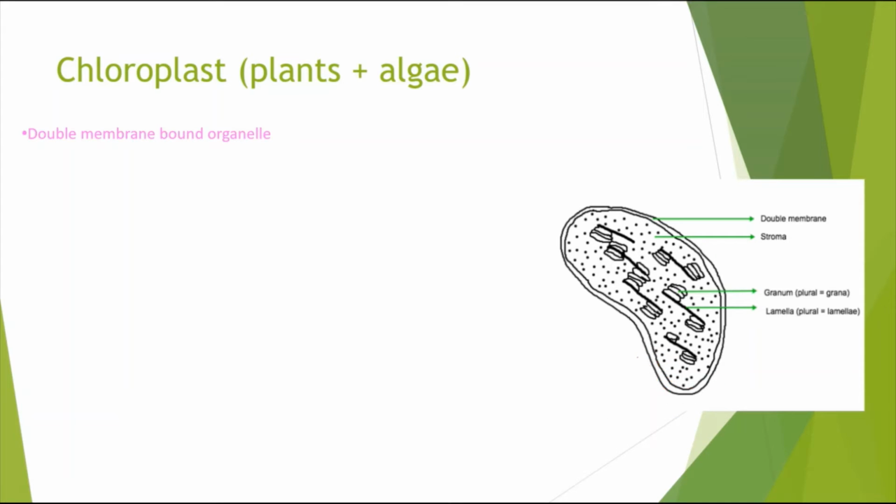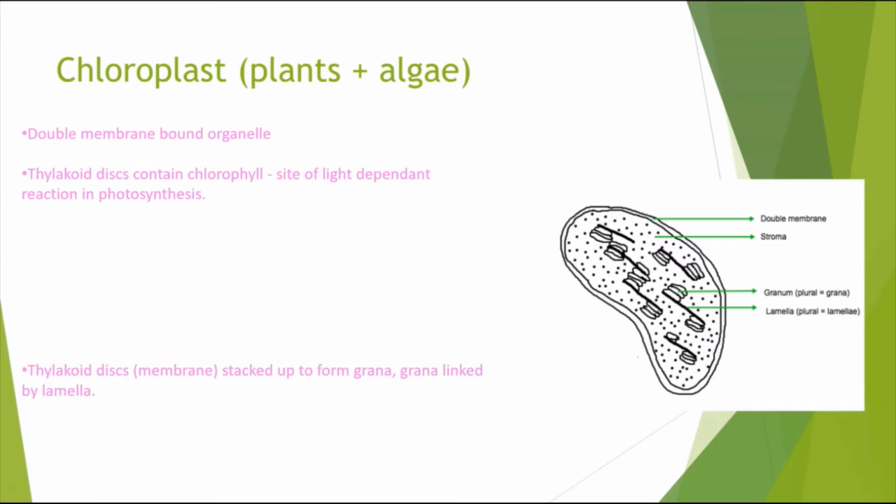So it has two membranes, and it has thylakoid discs which contain chlorophyll, and this is where the light dependent reaction occurs in photosynthesis. So this would be a thylakoid disc, and it contains chlorophyll, which is where the light dependent reaction of photosynthesis occurs.